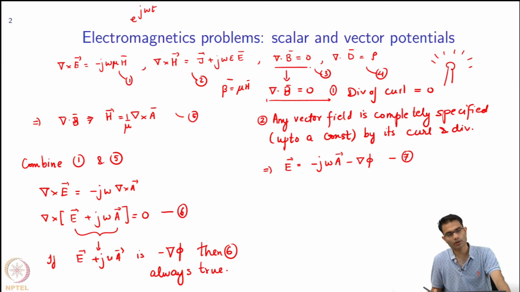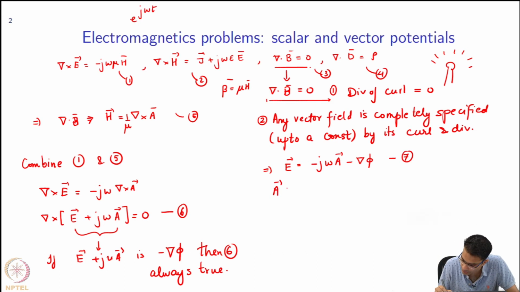So what did we start with? We started with A. From A I have, supposing I give you A, I have equation 5, which gives me H, and once I get H, I can, for example, take curl of H and get E, right. And I also have a relation for E in terms of A and phi, right.